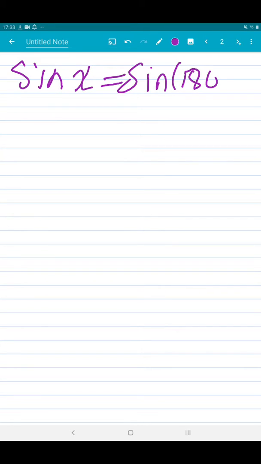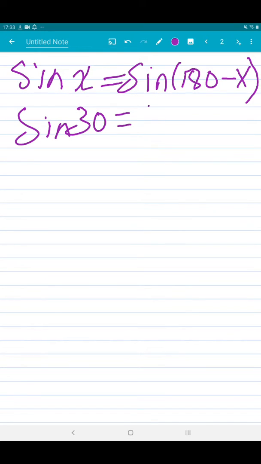Okay, sin x equals sin 180 minus x. For example, sin 30 equals sin 180 minus 30, 150.